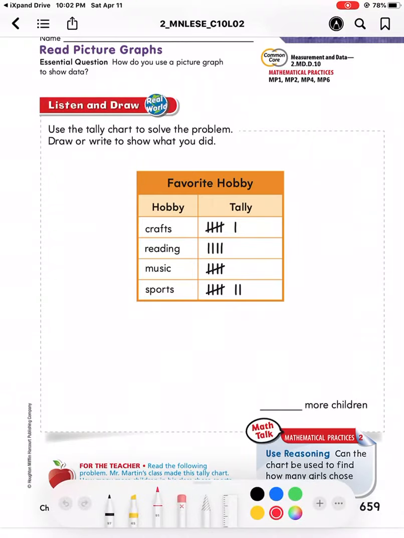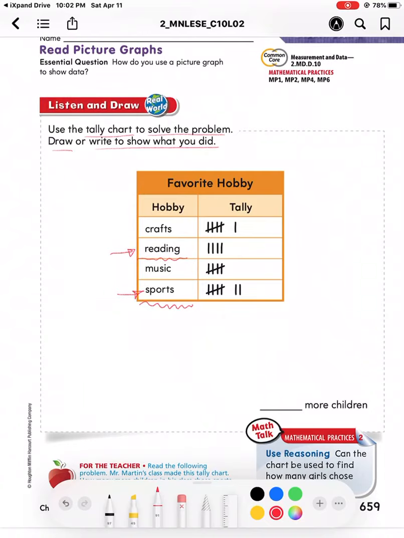Lesson and draw. Use the tally chart to solve the problem. Draw or write to show what you did. Okay, now what is the problem? Let's listen together. Mr. Martin's class made this tally chart in order to know how many more children in his class choose sports than choosing reading.